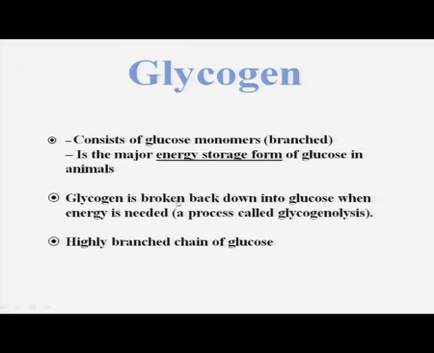This glycogen is broken back down into glucose when the cell needs it, when energy is required, and that process is called glycogenolysis. Glycogenolysis is the process by which glycogen, a branched chain polysaccharide, breaks down to form energy. It is a highly branched chain of glucose.